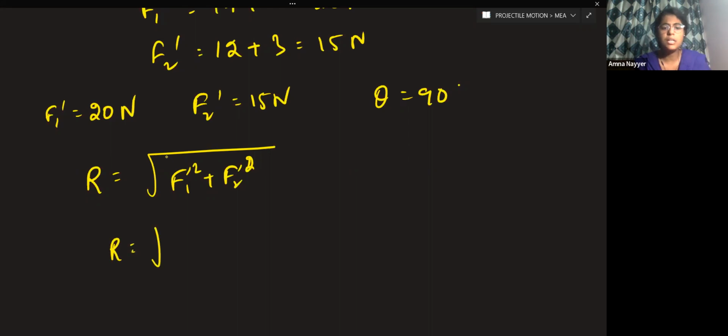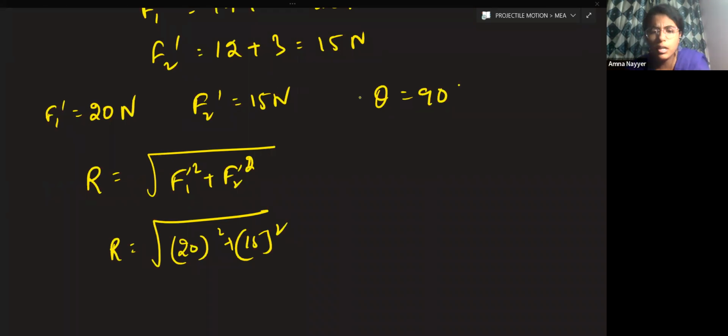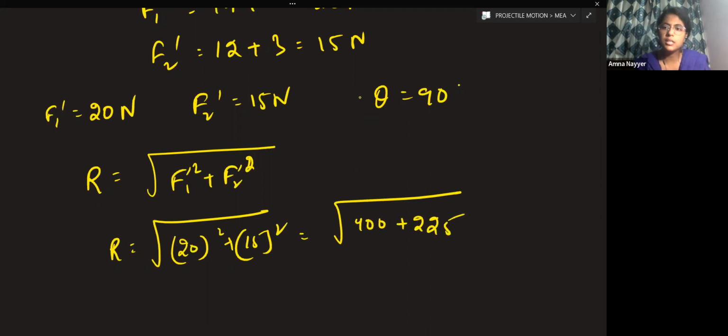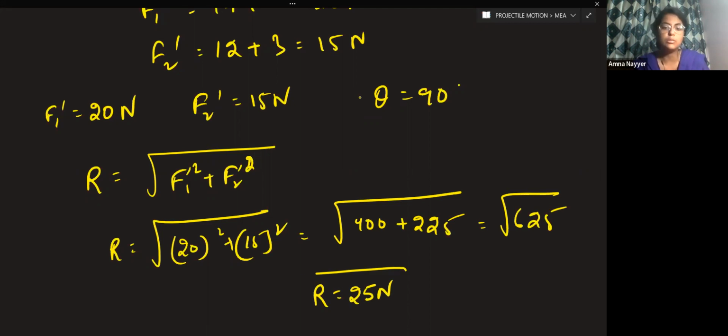The resultant will be equal to the square root of 20 whole square plus 15 whole square. 20 square is 400, 15 square is 225, and 400 plus 225 gives 625. Under root 625, the resultant is 25 Newton. They form a Pythagorean triplet.